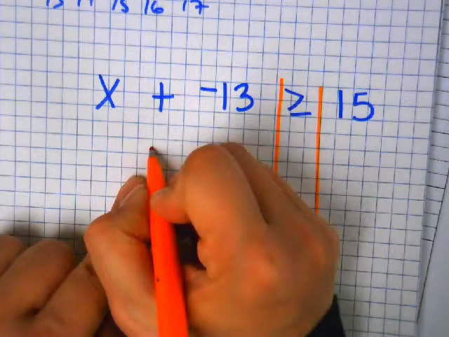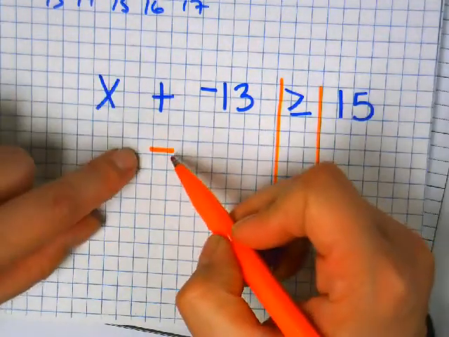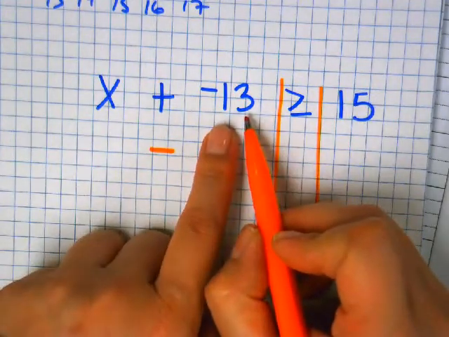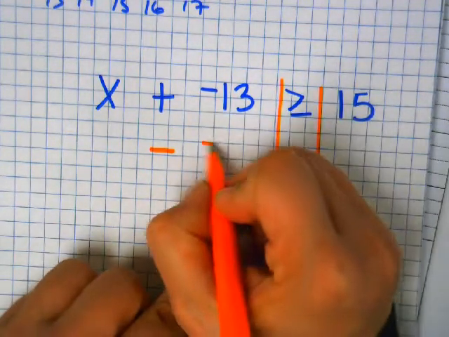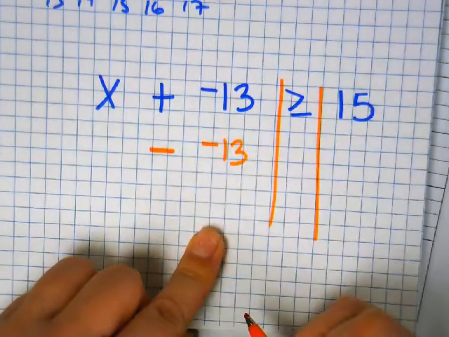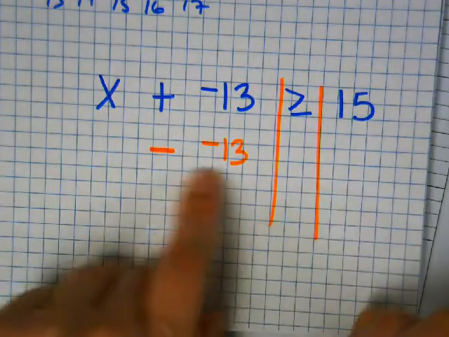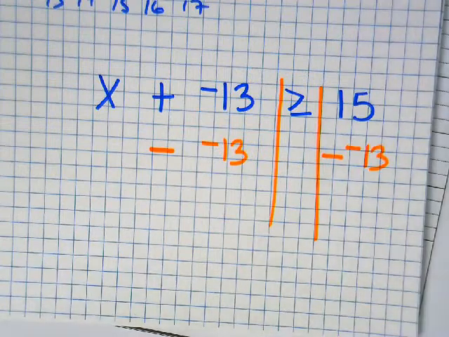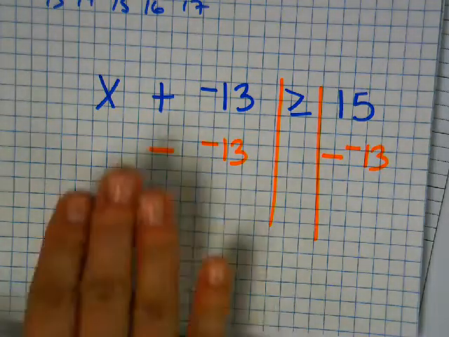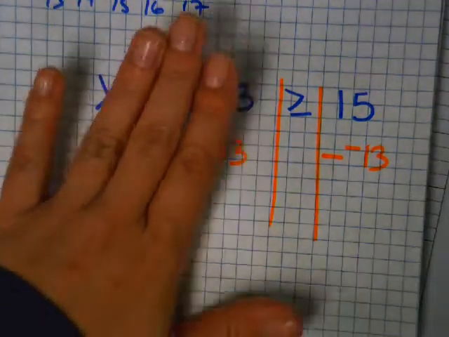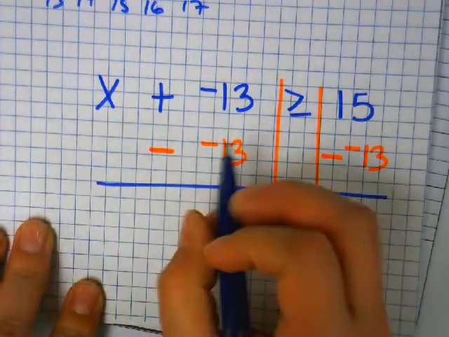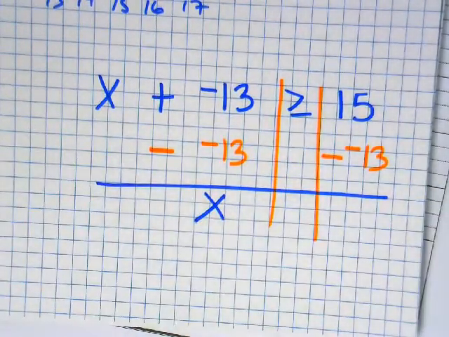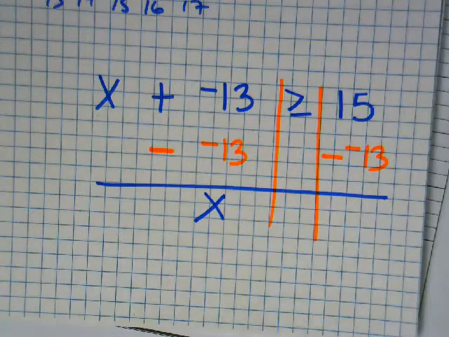Subtraction. Addition turns into subtraction. Now, do I change this number? Nope. Okay. Then on this side, I rewrite this. So I just go minus -13. Right? Now, over here on the left side, we just have x, which is great. We got rid of everything, have x, bring down this.